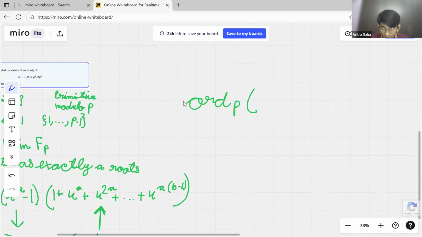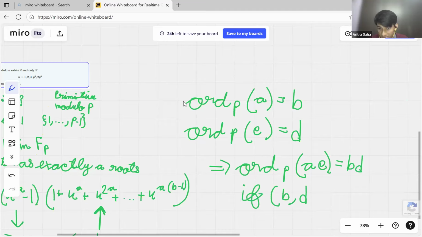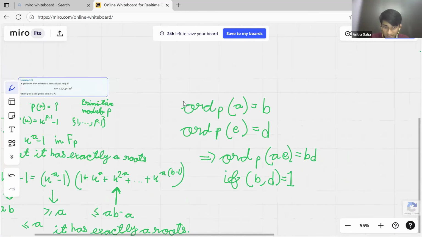If order of p of some a is b and order of p of some c is d, that will imply order of p of ac equals bd if GCD of b, d is 1. Basically, this is multiplicative if these two things are co-prime. Do you know this in orders?